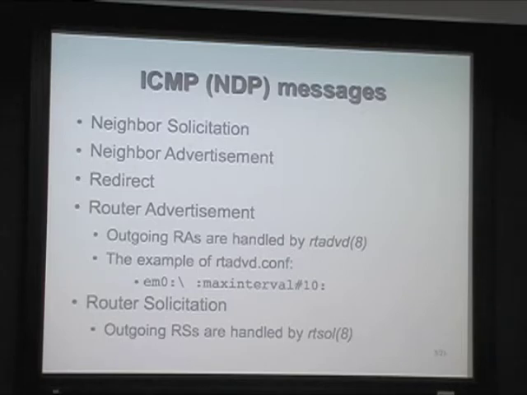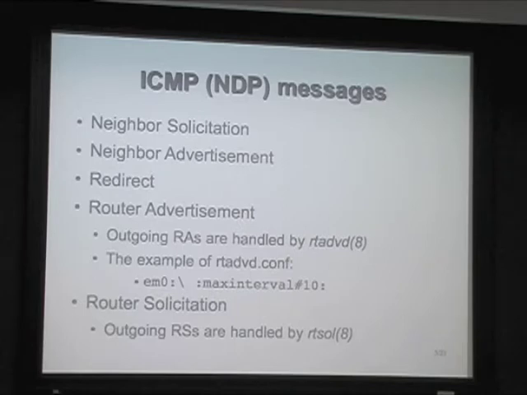And we have redirects that participate in the redirect mechanism that I mentioned on the previous slide. And we have router advertisements that are used by routers in the router discovery process, and when routers are sending prefix and parameter information to hosts. And we have router solicitations, because router advertisements can be sent either periodically or as a response to router solicitations.